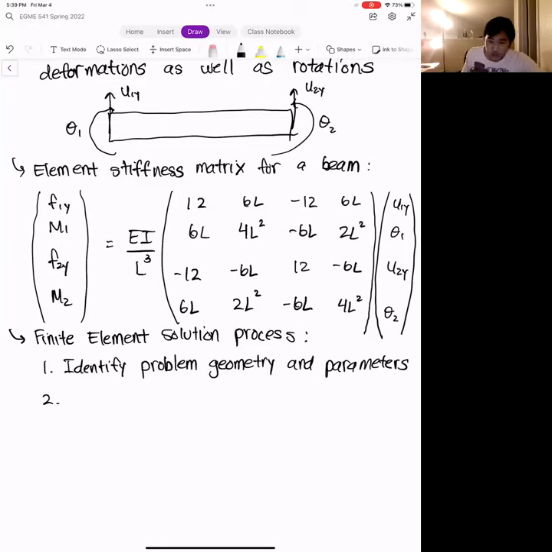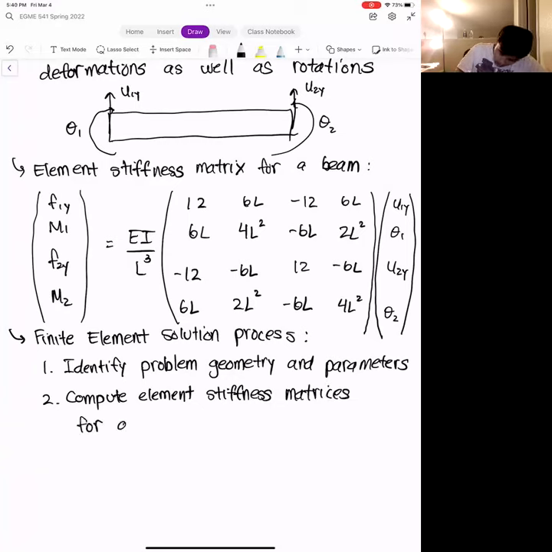All right, number two is to write out the element stiffness matrices for all the elements. This is assuming that the mesh or the discretization is given to you, right?